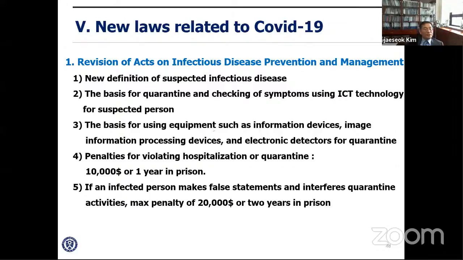We also made some revisions for the basis for quarantine and checking of symptoms using ICT technology for suspected persons. It also provides some basis for using equipment such as information devices, image information processing devices, and electronic detectors for quarantine.